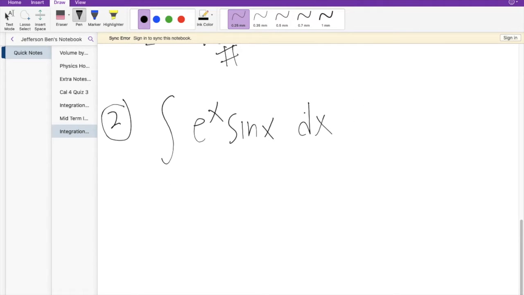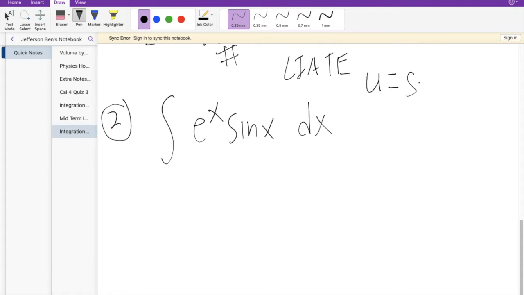In this case, it's integration by parts because we have an exponential and a trigonometric function. Remember the LIATE rule: L is log, T is trigonometry, and E is exponential.